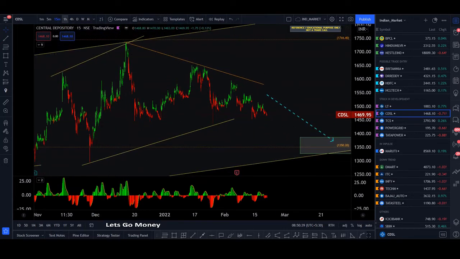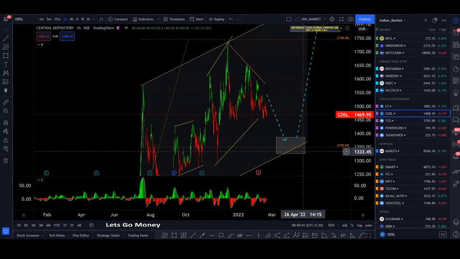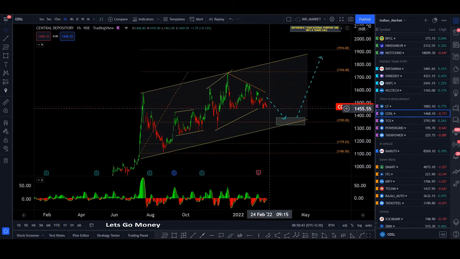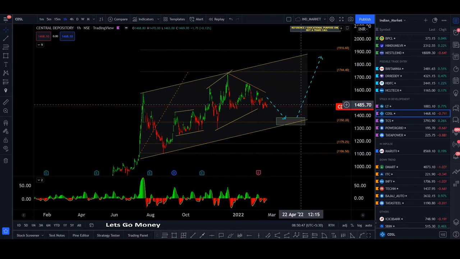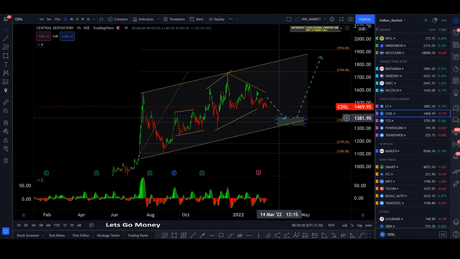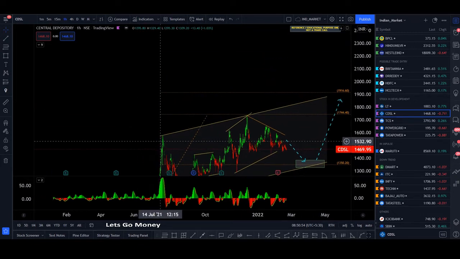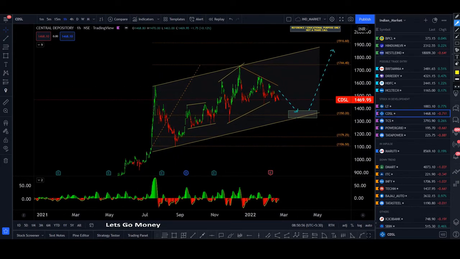CDSL, yes, as we expected, it is coming down, and let it complete its development. It may take some time, maybe a month, so we'll wait for it to complete its pattern, the C wave. So basically this is A, this is B followed by C. So here possibly this is where it's going to end, and then maybe we can see a breakout trade if that happens.